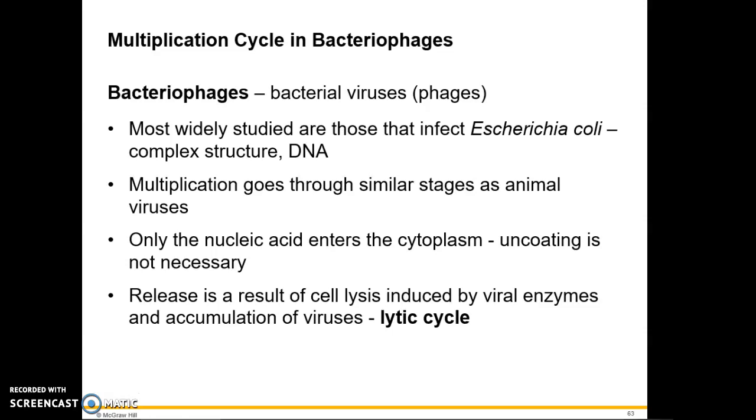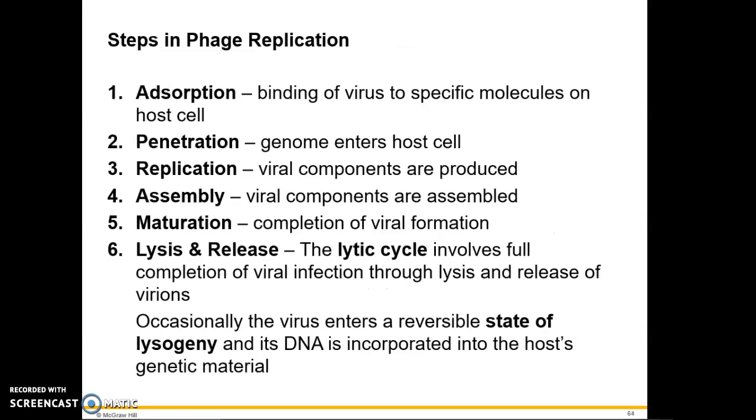Release of bacteriophages results from cell lysis and is triggered or induced by viral enzymes and an accumulation of viral bodies. And that is called a lytic cycle, lytic referring to lysis.